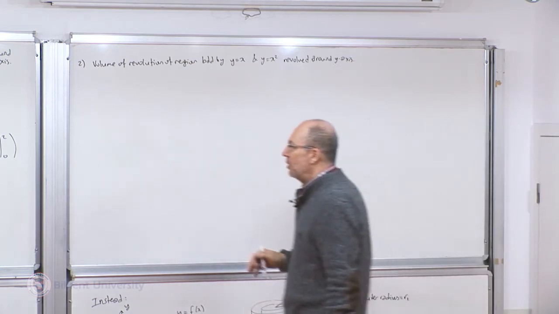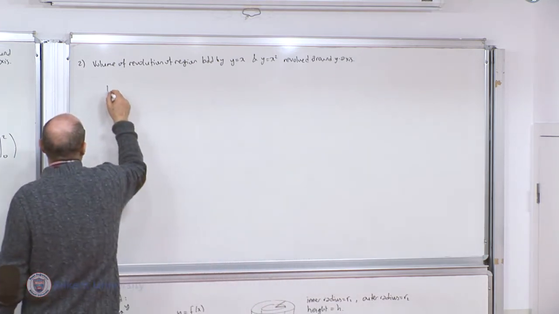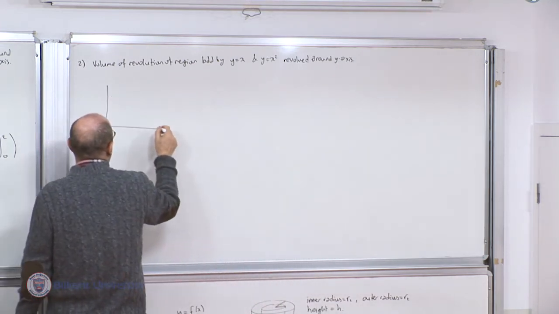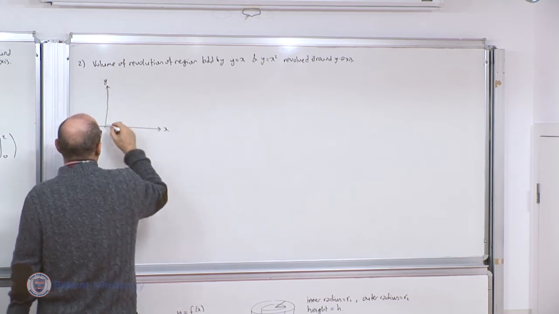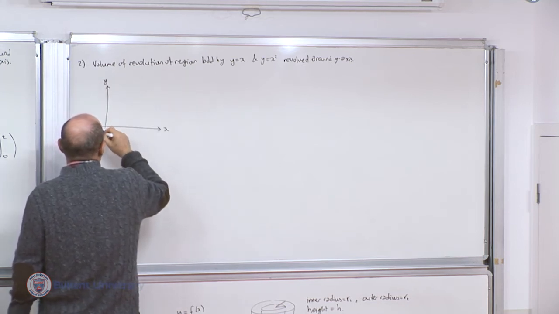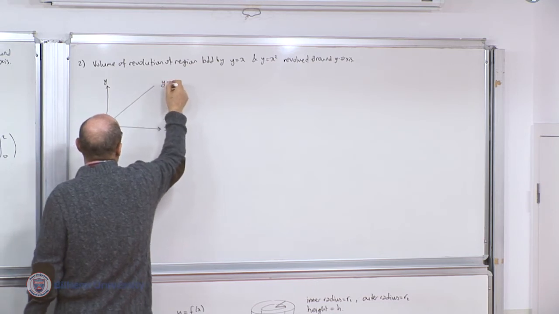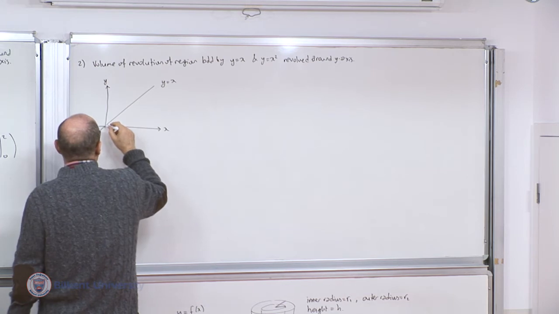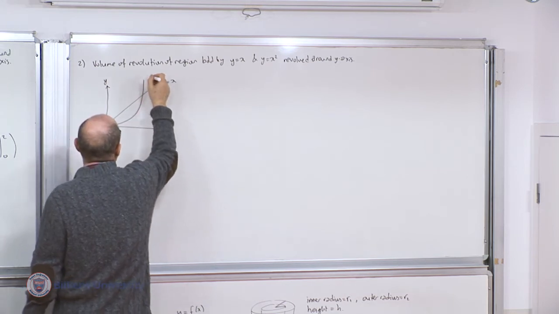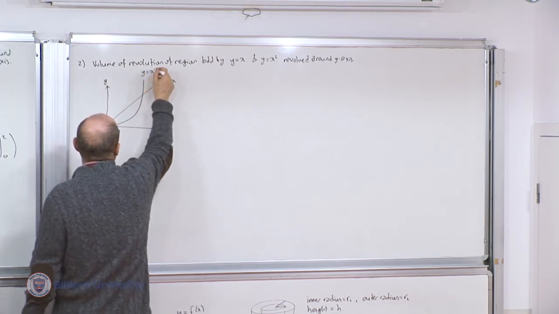Okay, so in this case, again, we need to draw a picture to see which function is where. So this is y equals x. And then I have this parabola. Let me exaggerate the parabola a little bit. So this is y equals x squared.